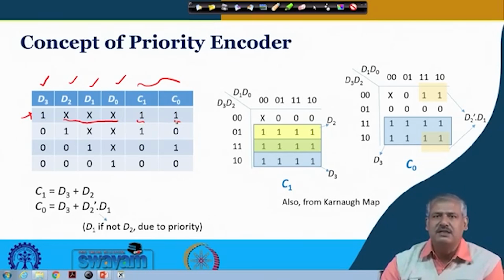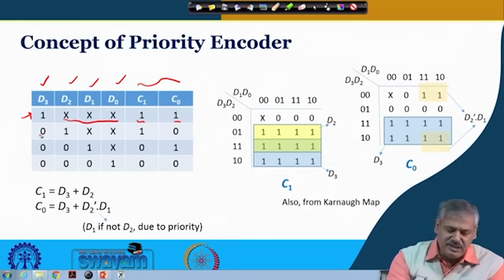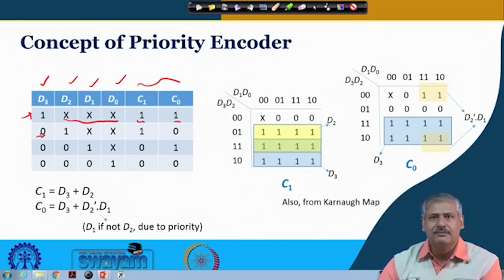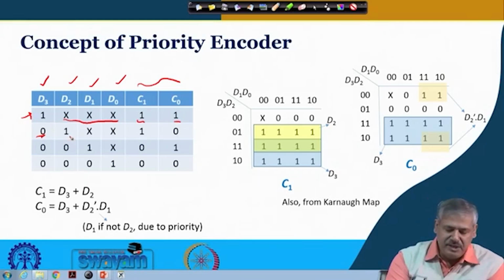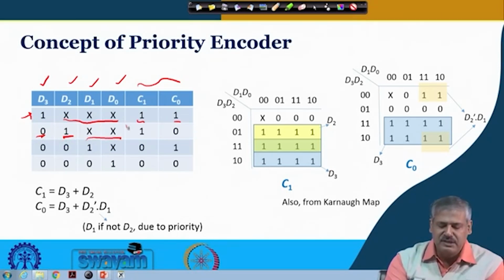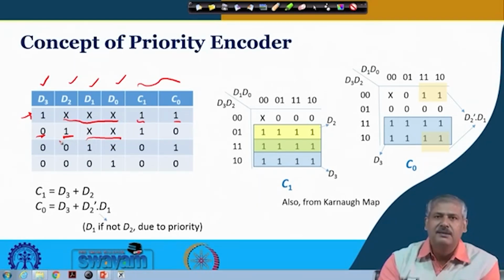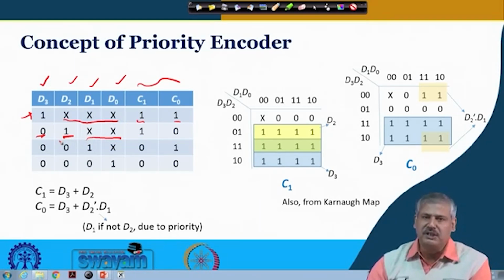That is the way we are designating it, D3 is 1 1. When D3 is 0, if D2 is 1, irrespective of the other inputs, if D1 is present, D0 is present, we do not care about it. So, the output will represent D2 only, and we encode D2 as 1 0.